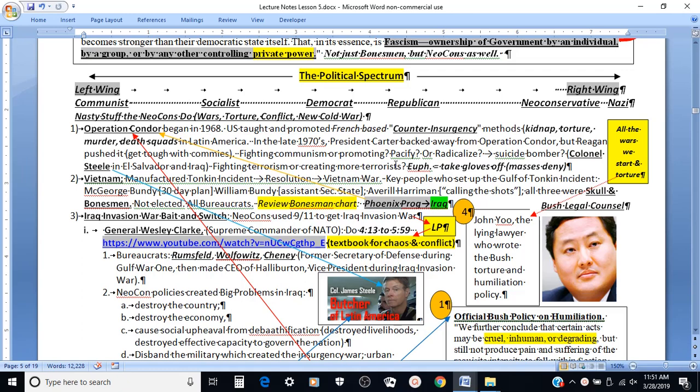So they would rat out their enemy. It could be a longtime enemy, an economic enemy, a business competitor or whatever, and they would rat them out as being a communist, whether they were or not. And then they'd be targeted by the U.S. and knocked off.